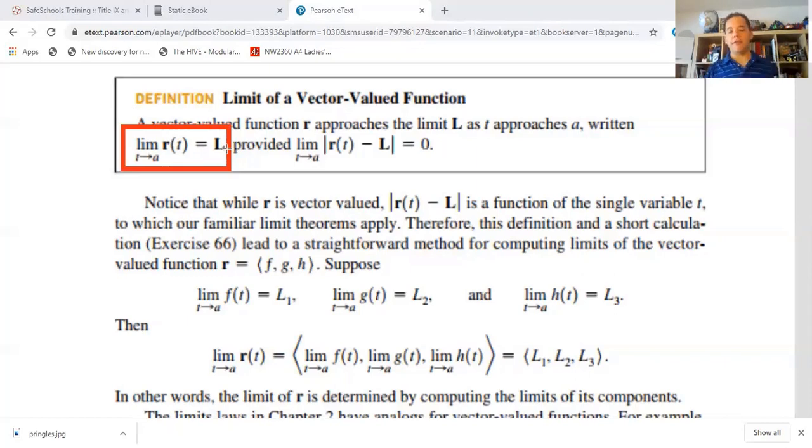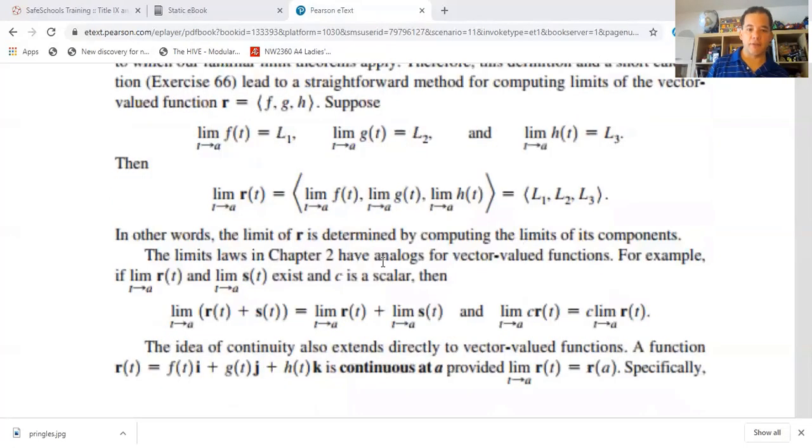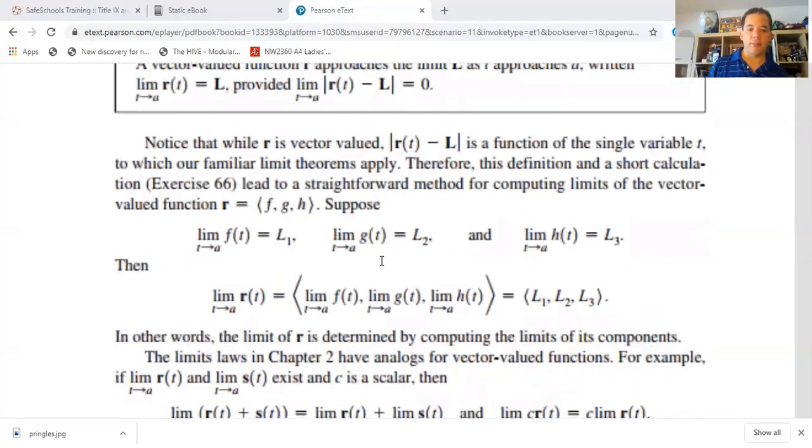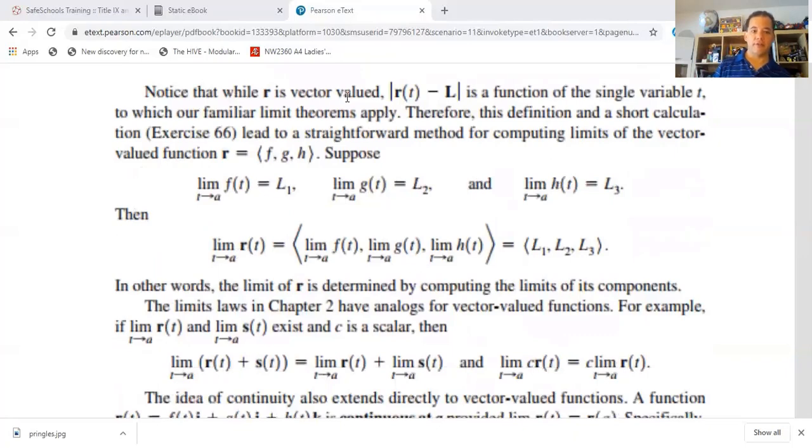Now, that's the straightforward definition, but in reality, the way you're going to use it is what is written right here in the bottom part. Let me put a square around it.